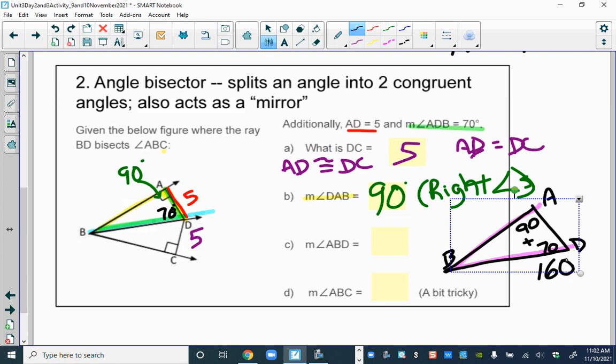And then it's 180 minus 160, which gives us 20. So angle ABD is going to be 20.